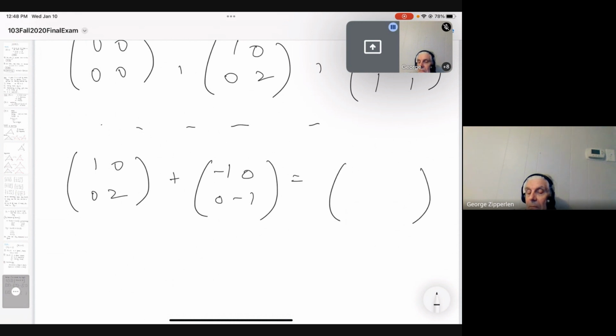Well, we add them coordinate-wise. You add the entry in the first row and first column to the entry in the first row and first column of the second matrix.